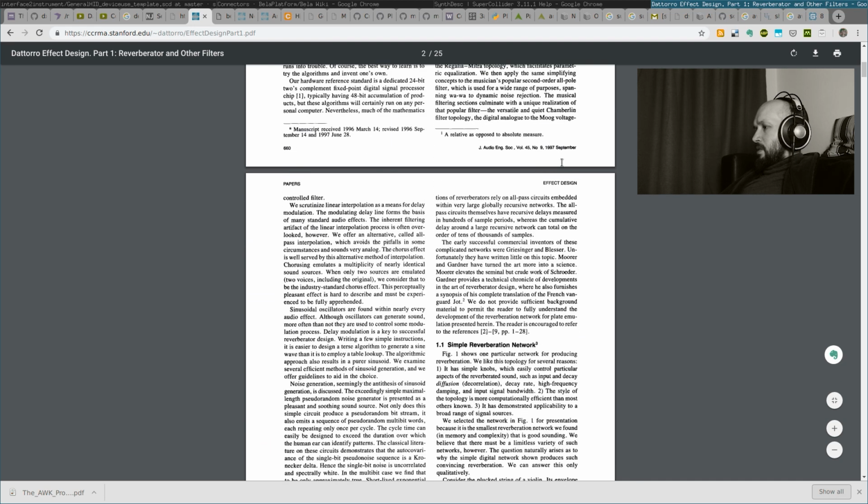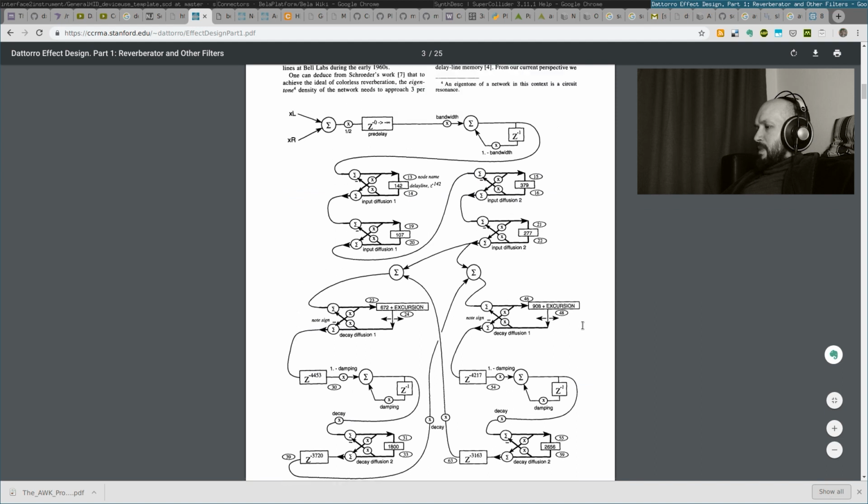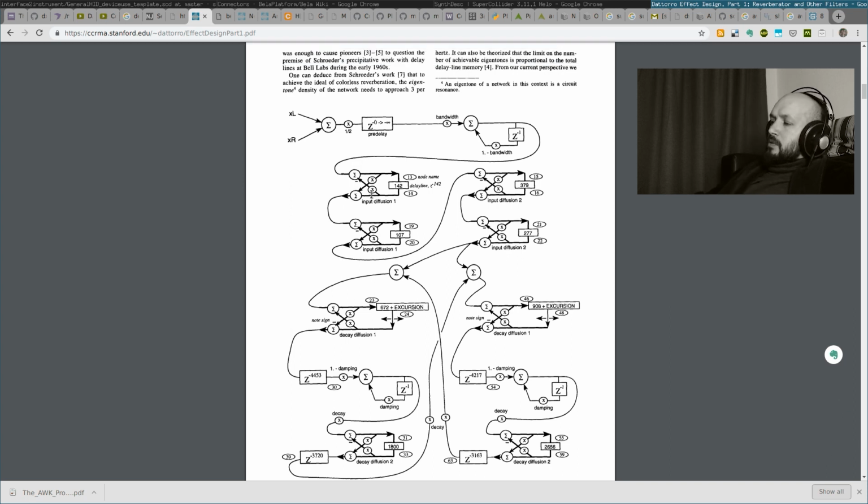It's from 1997, as you can see, and the algorithm presented here is said to be one of the algorithms designed for the Lexicon 224. Despite being a rather old algorithm, it's a very good starting point, and by realizing it we can see some of the problems of reverberators based on all-pass filters, and how we can overcome these problems.